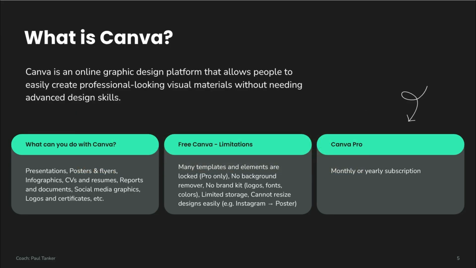Unlike traditional graphic designing tools like Corel Draw, especially, you will need to have a good understanding, a good knowledge, a good experience of graphic design before you can use those apps. But with Canva, you don't have to have that kind of advanced level of knowledge about graphic designs.